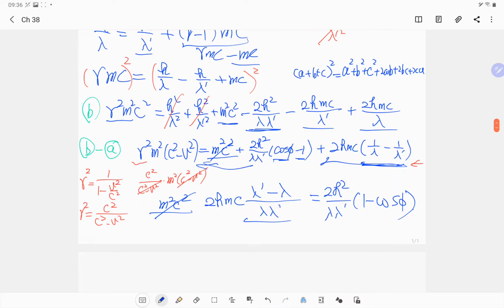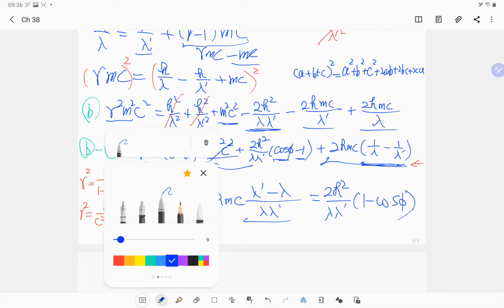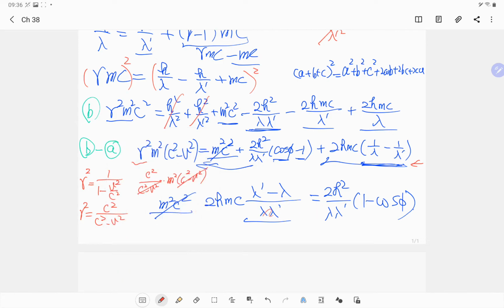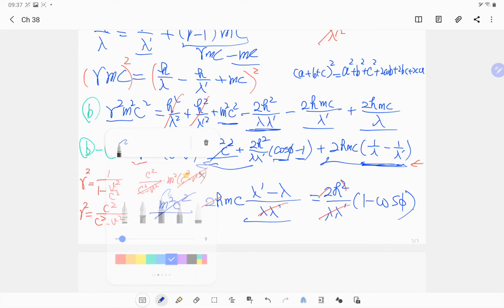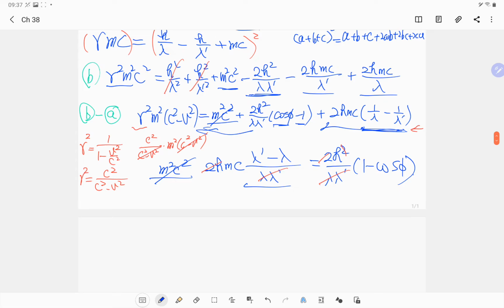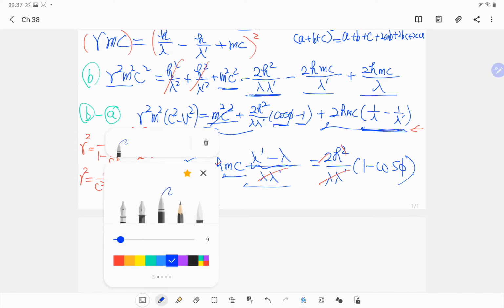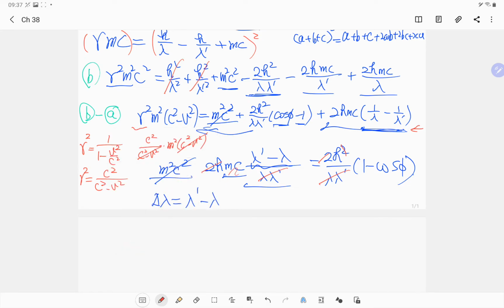So finally we can eliminate these 2h. So finally we get the answer. The answer should be delta lambda equals lambda prime minus lambda, and then we divide on both sides by mc.